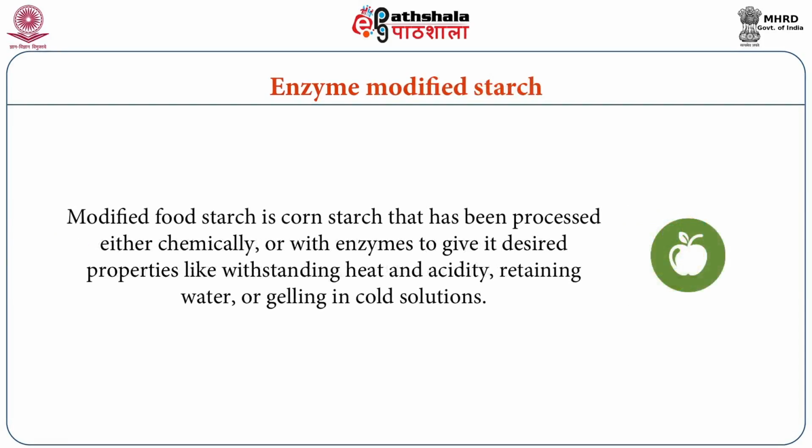Now let us talk something about enzyme modified starches. Modified food starch is a cornstarch that has been processed either chemically or with enzymes to give it desired properties like withstanding heat and acidity, retaining water, or even gelling in cold solutions.